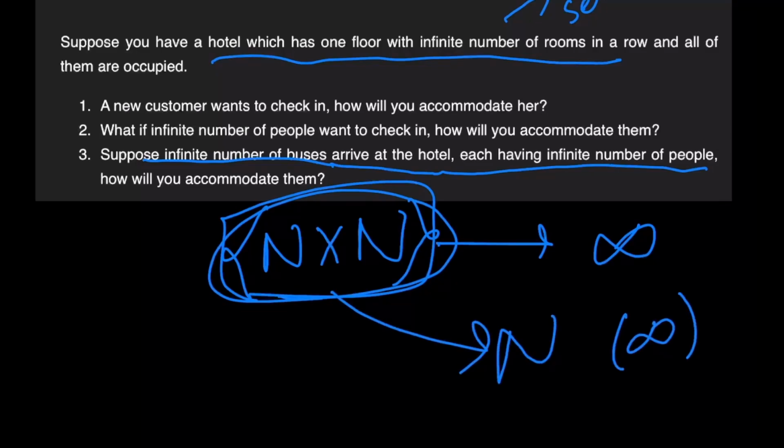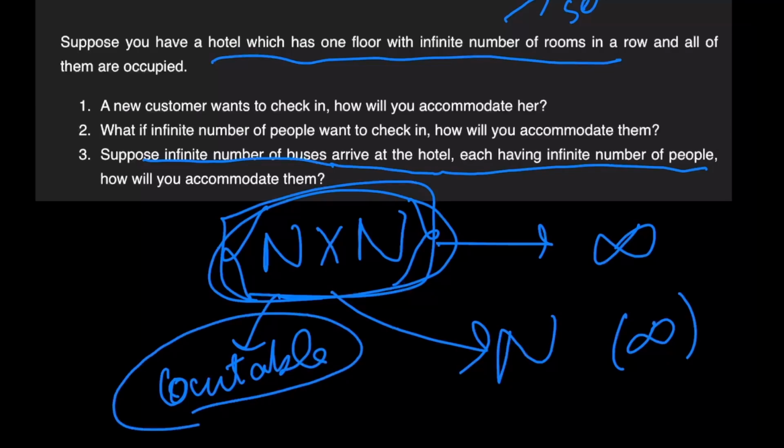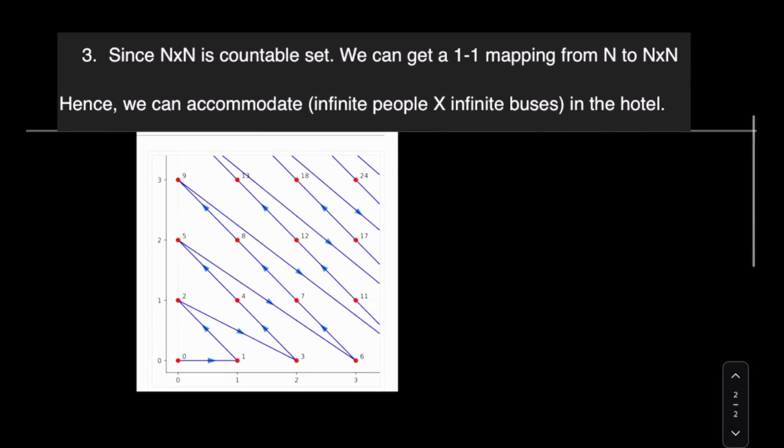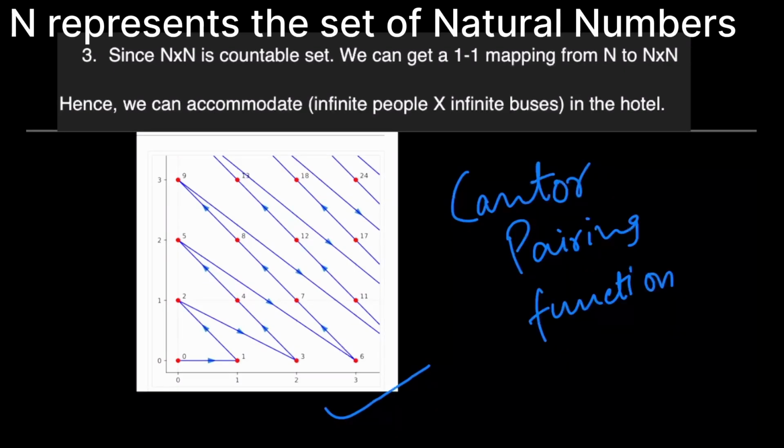Now, since n cross n is a countable infinite set, there is possibly a mapping from n cross n to n, and the website gives a link to one of such mapping functions, which basically is represented by this function over here. And all it's doing is mapping that n cross n set to a linear n set.